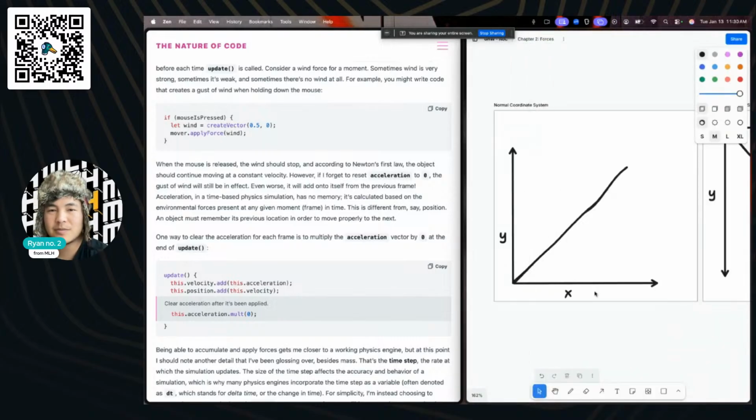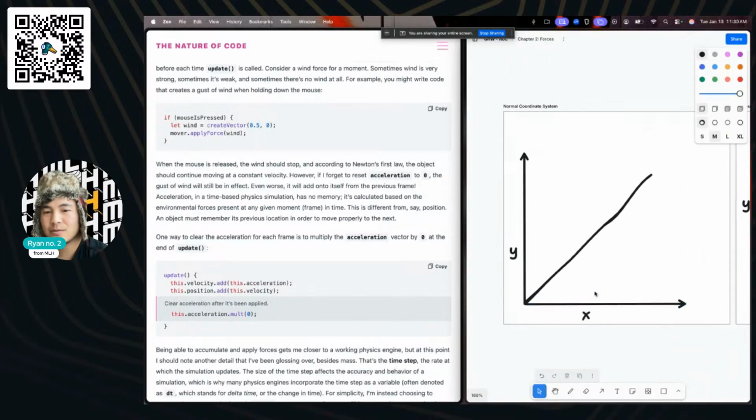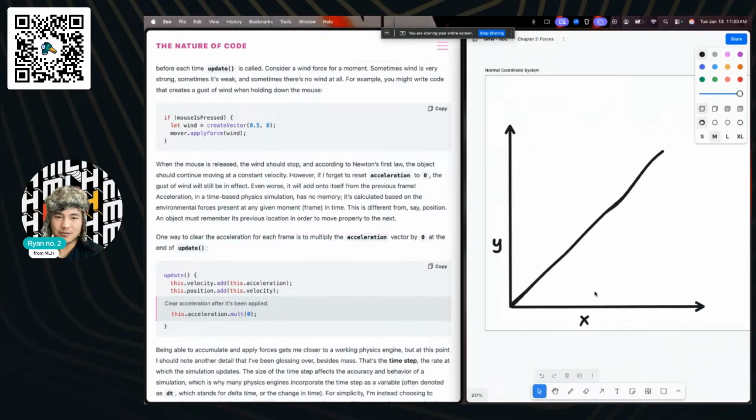So let's pull up the coordinate system. If you remember in math class, the coordinate system we're used to goes like this: we've got the x direction, which is a constant, steady direction that moves to the right. That is still going to be true, but the thing that's going to be different is the y direction.